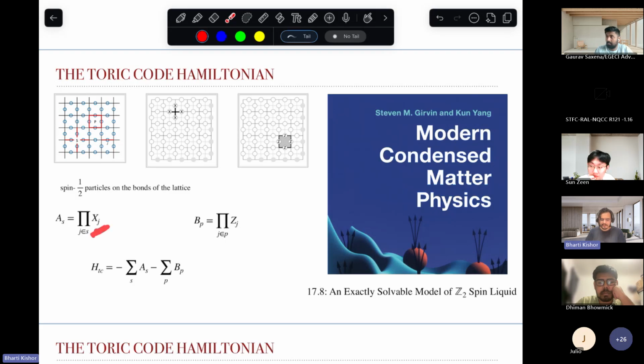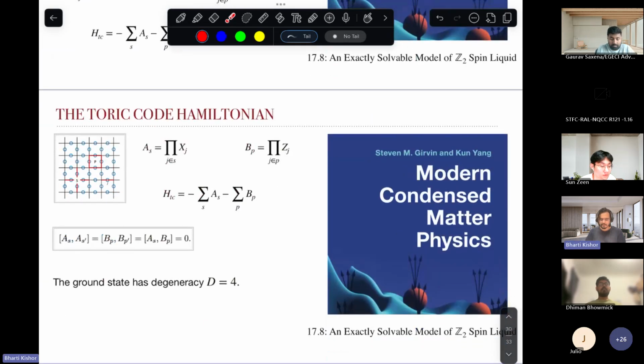You can take all these X stabilizer generators and Z stabilizer generators, make the objects A_s and B_p, sum over all these X generators and Z generators, and make a Hamiltonian out of it. And this Hamiltonian has rich physics.